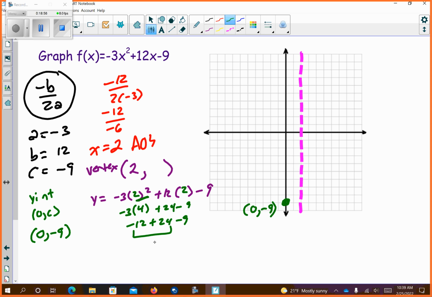So negative 12 added to 24 is 12. Minus 9 is 3. So at (2, 3) is my vertex. Okay. Hey, does it make sense right now that this graph is opening downward? Yeah, you know your vertex, and you happen to know a second point being the y-intercept, so it should be obvious that this graph is going to open downward.